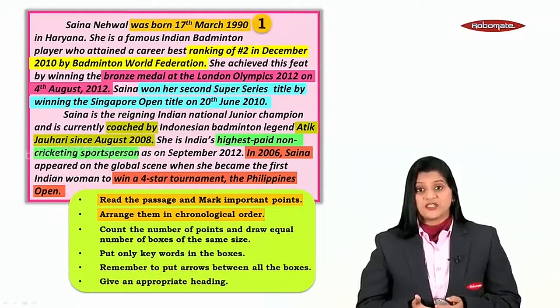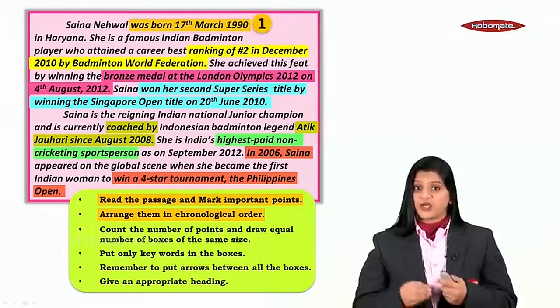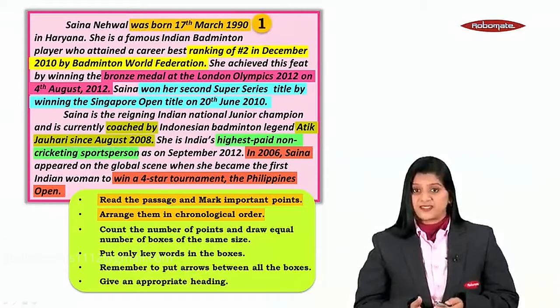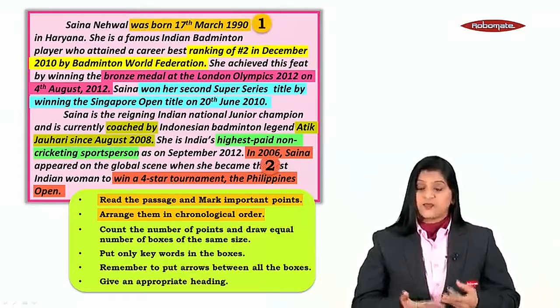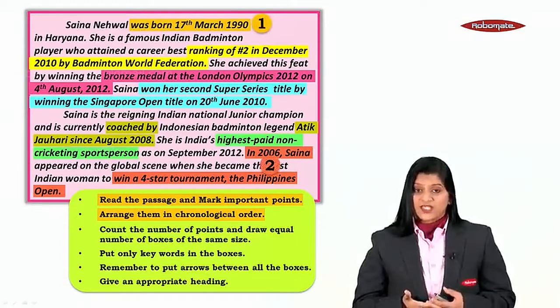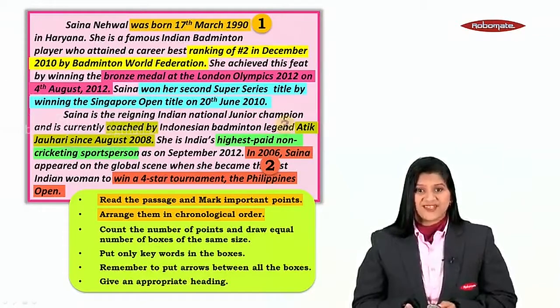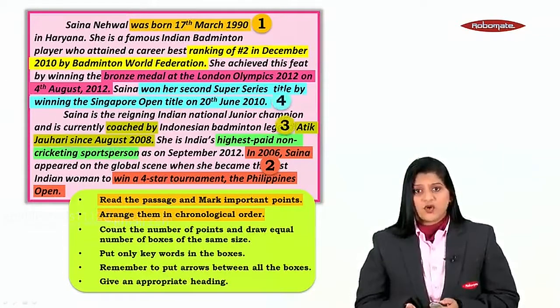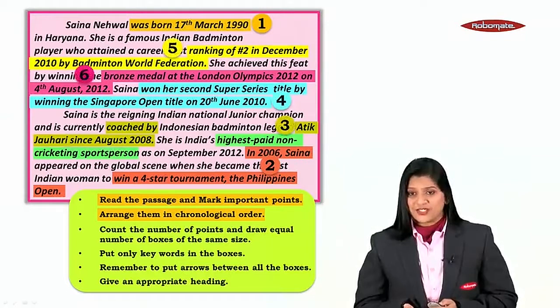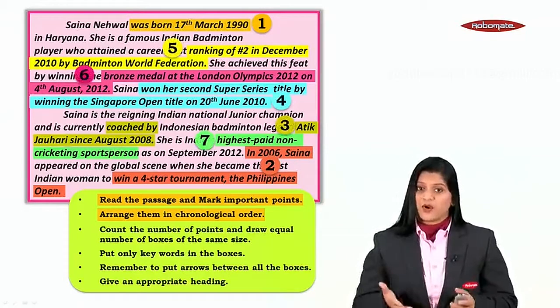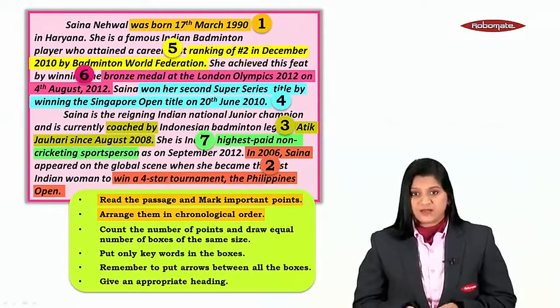For example, here, if you observe, the first point is in the first line of the passage, but the second point comes at the end. So in your flow chart, this point will come at the second position. Similarly, put all the points in the chronological order. They might not be in proper order, but you will have to arrange them now.